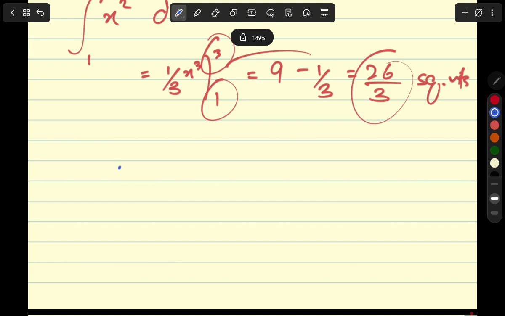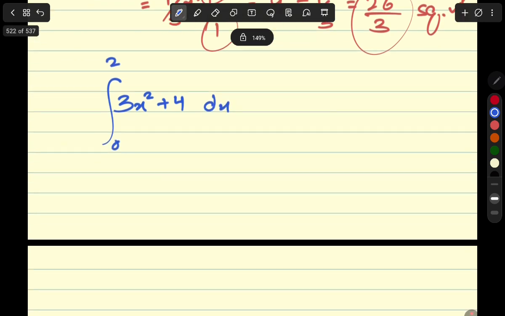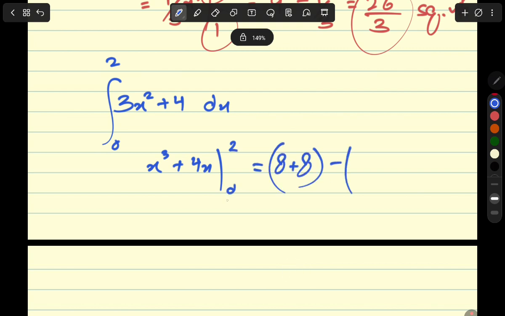If you have to evaluate 3x squared plus 4 integrated with respect to x between 0 and 2, this becomes 3x cube over 3, so this becomes x cube plus 4x, and you have to put the limits 2 and 0, so this becomes 8 plus 8 minus, then you put 0, 0 plus 0, so we can just let it be. So the answer is going to be 16 square units, right?